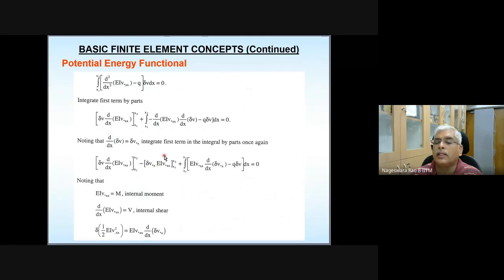So 2 terms are here, and in addition you get one more, the third term. So when you apply integration by parts the second time, this is what you get.